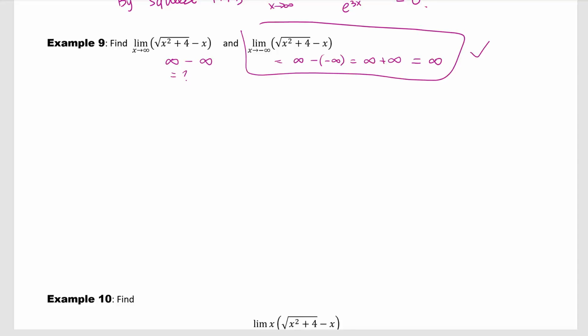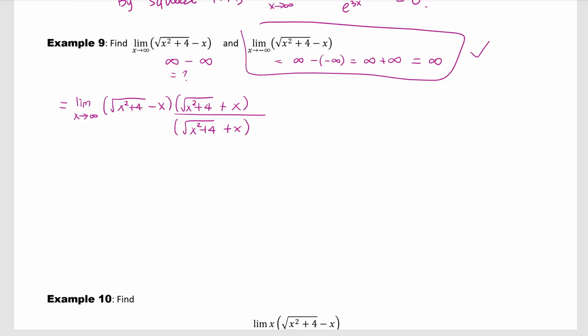Okay, do you remember when we see difference of square roots, what do we do? We multiply by its conjugate, right? We multiply by its conjugate. This is the conjugate, right? So what is good for the conjugates?